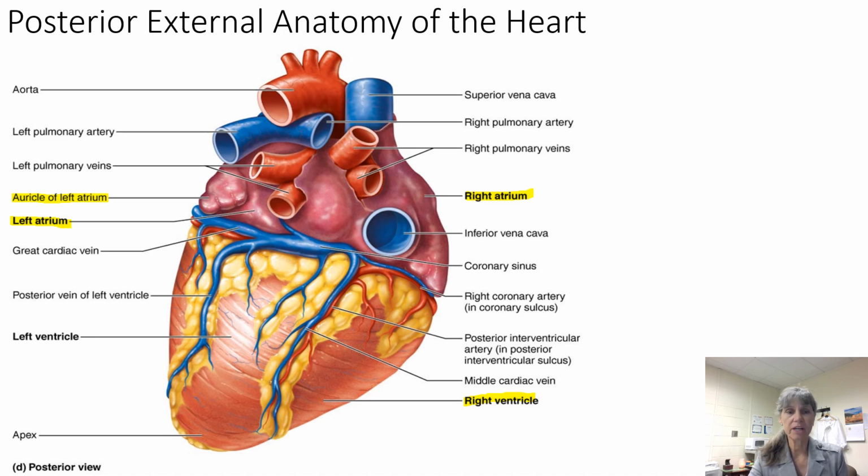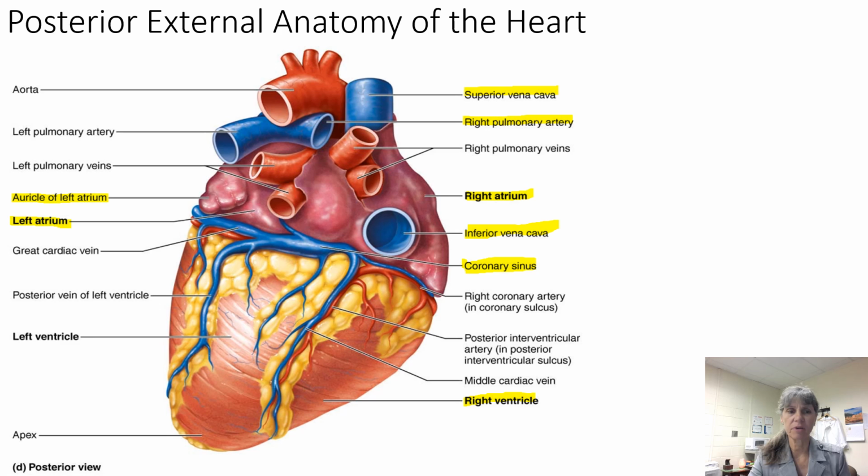And I just wanted to point out to you how we see the superior vena cava, the inferior vena cava. You can see where the coronary sinus would return blood from the heart back to that right atrium, even though we're not looking inside the atrium. And we have our pulmonary arteries.